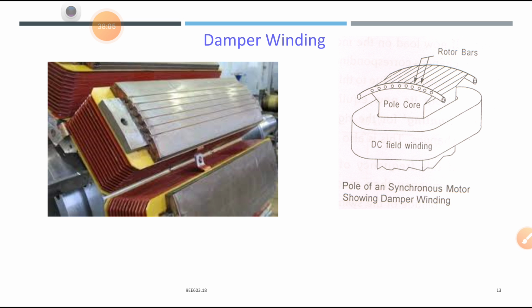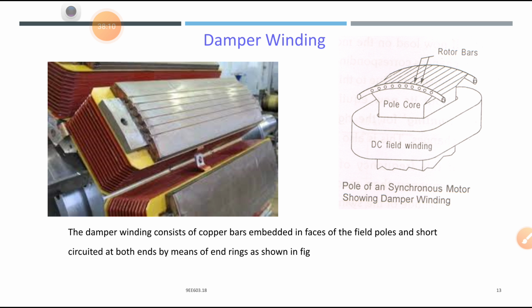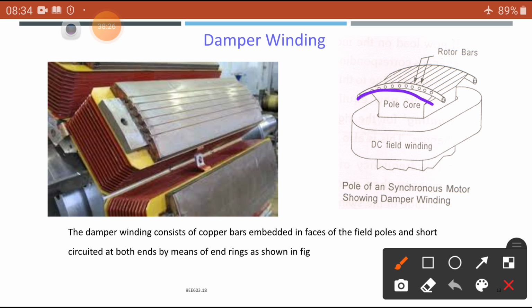On the pole shoe there are copper strips inserted. The damper winding consists of copper bars embedded in the faces of the field poles and short circuited at both ends by means of end rings, as shown in the figure here. So you can see it's short circuited, all rings are shorted on either side. Then it acts as a closed path, all bars, and circulating current flows in this.